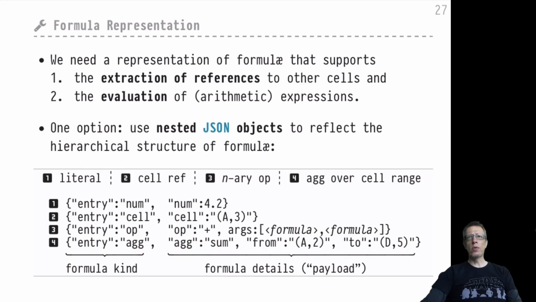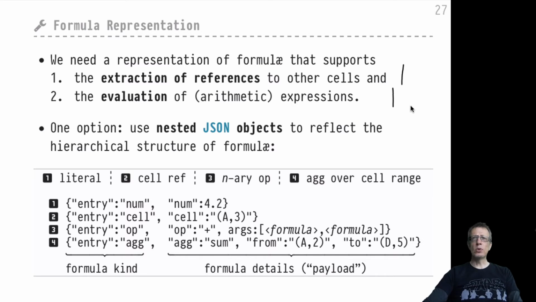Well, before we can do that, we have to have an idea of how to represent the formulas themselves. So we would need a representation that indeed supports the extraction of these references so that we can build the dependencies graph. And of course, we would need a representation that allows for the evaluation of simple arithmetic expressions, for example, of the multiplication of two cell references.